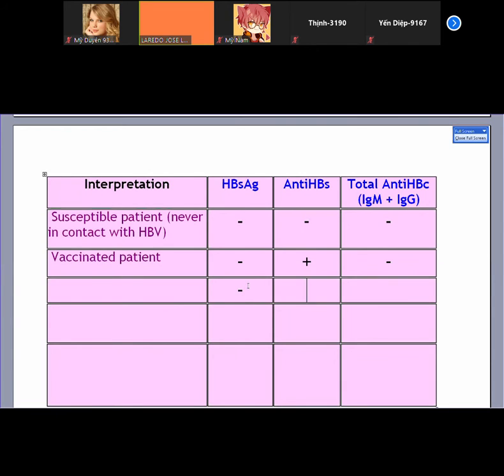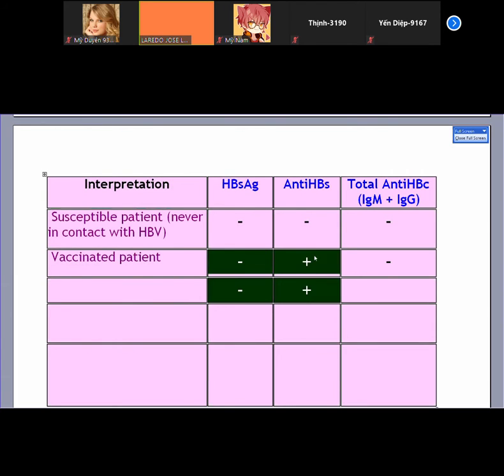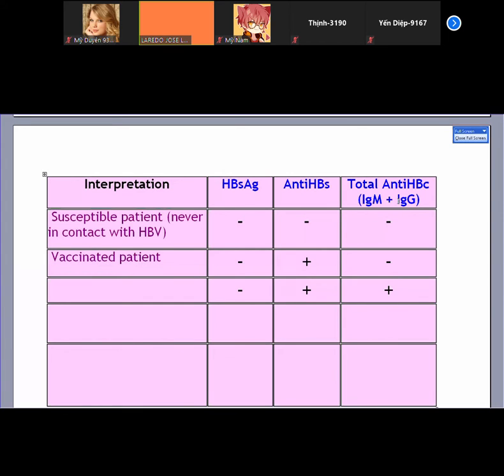Another profile, antibodies against the surface positive. So this patient is protected against the virus, but in this patient, the total antibodies against the capsid are positive. So this patient is also protected, but this patient has also been in contact with hepatitis B virus.